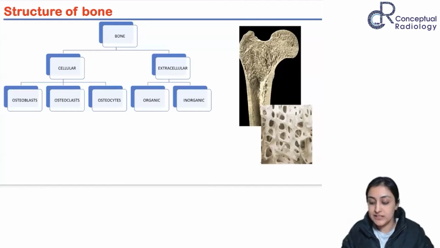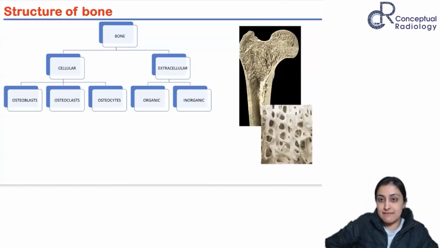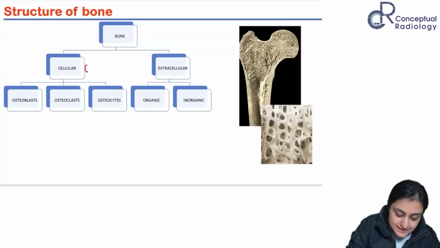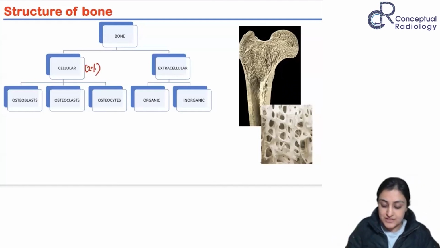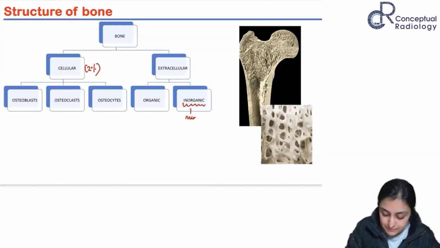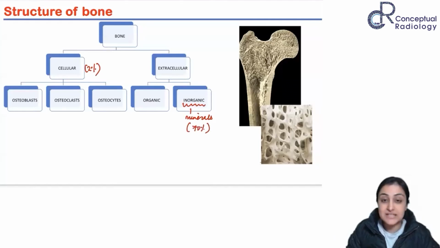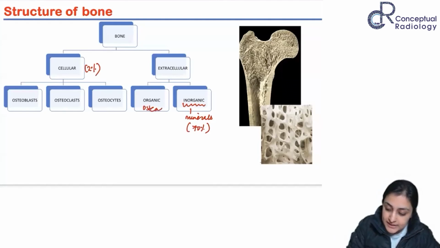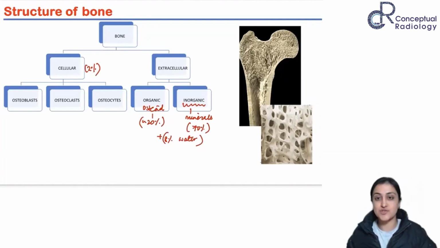The inorganic matrix, which is the minerals, mainly the calcium and the phosphate, is what constitutes the bulk, which is 70%, and the organic matrix, what we call osteoid, is going to be around 20%, plus there is around 8% water. Obviously you don't have to remember these numbers. I just want to give you an overview of what the bone is made up of.